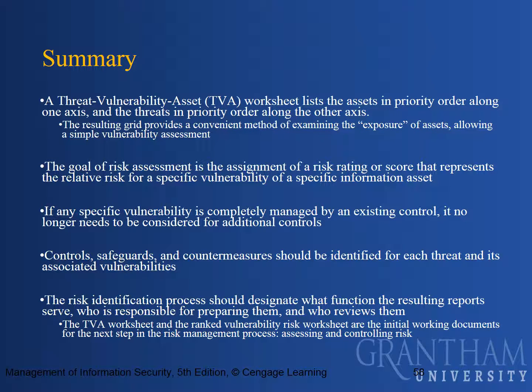Also, don't forget the Threat Vulnerability Asset Worksheet, or TVA worksheet, and that the goal of risk assessment is the assignment of risk rating or score that represents the relative risk for a specific vulnerability or specific information asset. Also, important to remember, risk appetite is simply the amount of risk you're willing to take or your organization is willing to take. This is the end of the Chapter 6 presentation for Week 3.